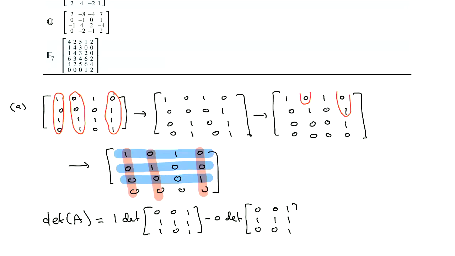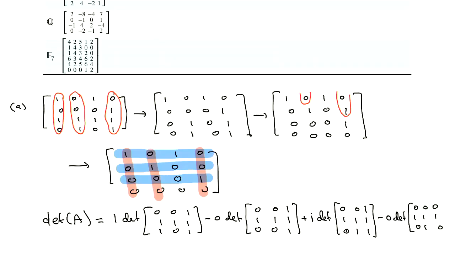I think I'm doing it right. Plus 1 times the determinant of, I mean, I put the 0 there. It's stupid, of course, but I'm doing it so you remember the pattern. And then minus 0 times the determinant. Of course, I wouldn't be writing out all these 0 things. I'll never do it again.